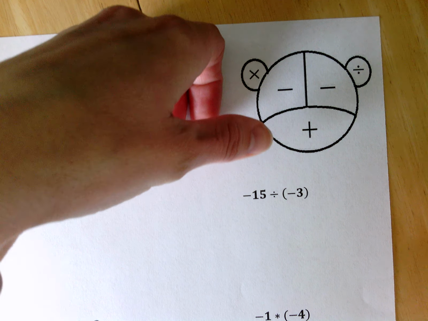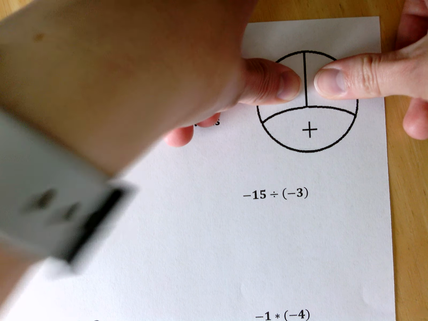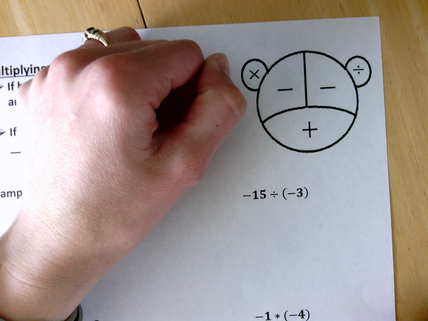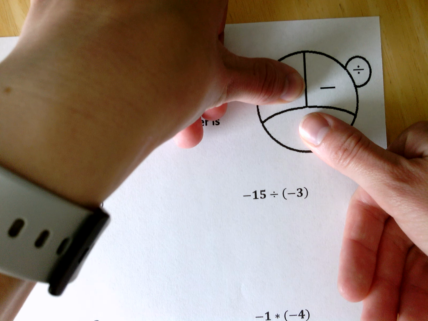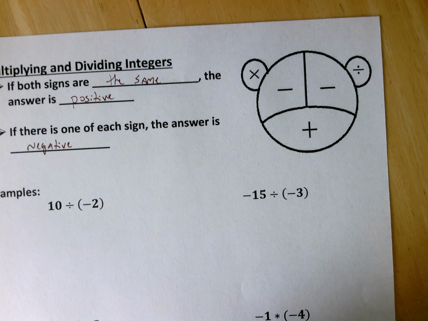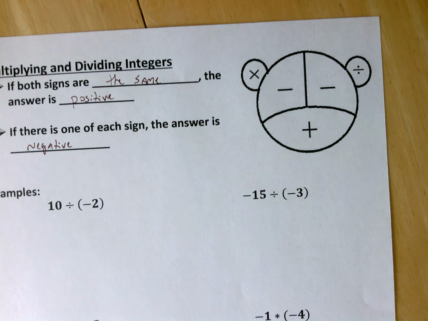So if I have two negative signs, that means my answer is going to be positive. If I have one negative sign and one positive sign, I'm going to cover up a negative and a positive, then my answer is negative. If I have a positive sign and a negative sign, my answer is negative. So you can use that picture to help you remember.